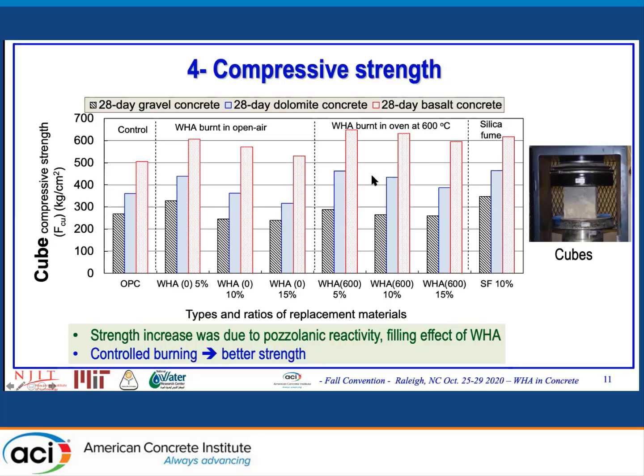And we can also notice that the water-hyacinth ash made in the closed environment is much better than the one burned in open air. And actually, these results are basically due to the pozzolanic reactivity of this ash until a certain replacement ratio, which is maybe between 5 to 10, because after 10 it starts decreasing the strength. However, it's still more than the control mix.